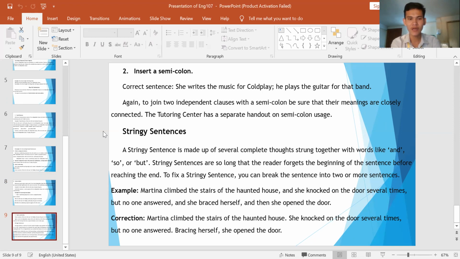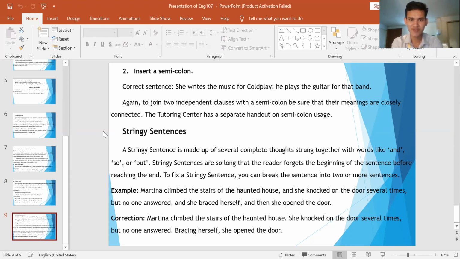You will forget the full meaning of the sentence. When you reach the end, you will forget the meaning from the beginning. Stringy sentences are so long that the reader forgets the beginning of the sentence before reaching the end. So it is long and difficult to remember the whole sentence.